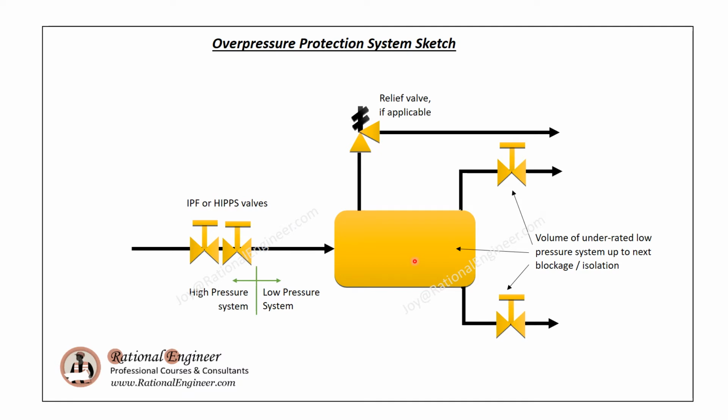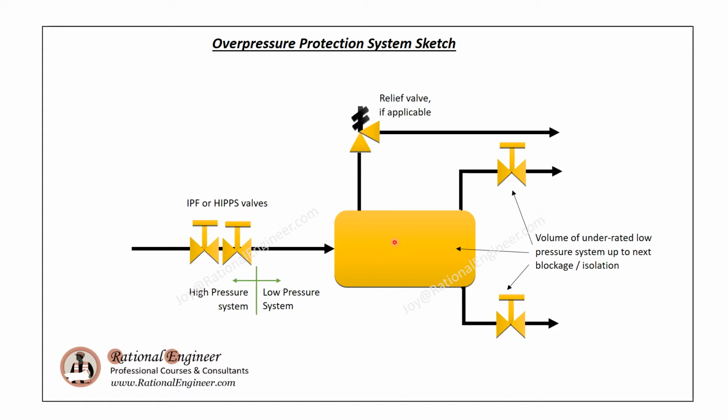In such case, it is a common practice to provide two levels of protection. Once the pressure starts building up in this low pressure system, the high pressure transmitter will detect this pressure buildup and initiate shutdown of the inlet shutdown valves to cut off the supply from the incoming source.